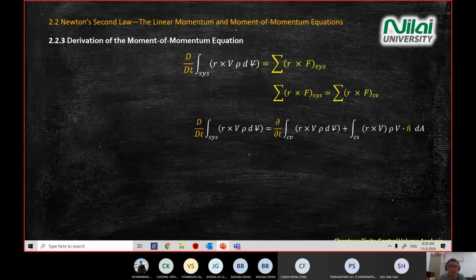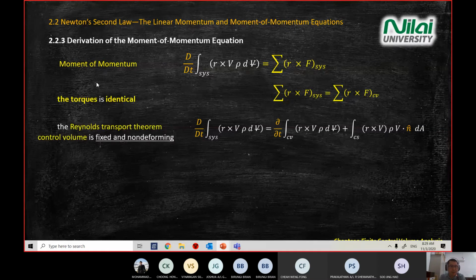Okay, this is a bit of a refresher of what we know so far. The first one we have is moment of momentum: r times our momentum equals the momentum in the system, r times force.